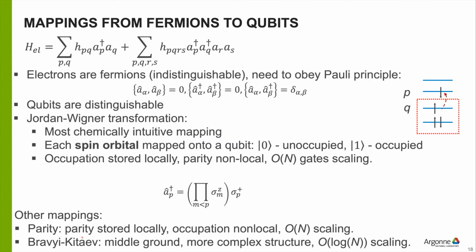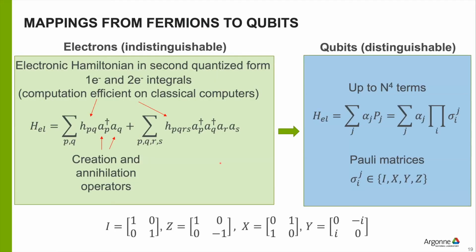There are other mappings, but Jordan-Wigner is the easiest to interpret because it uses the occupation number to represent the qubits.